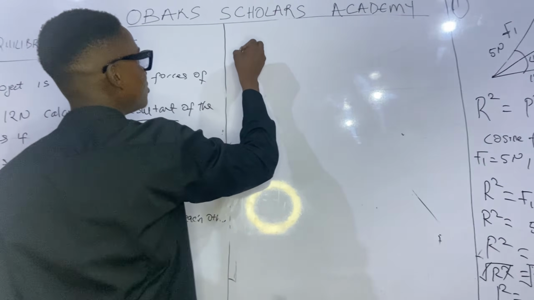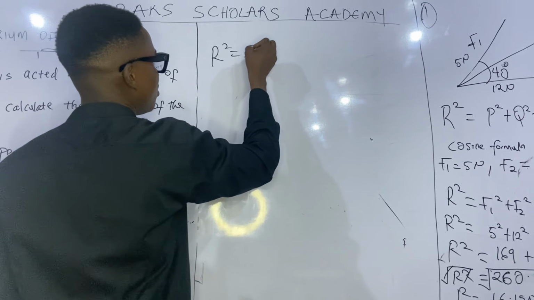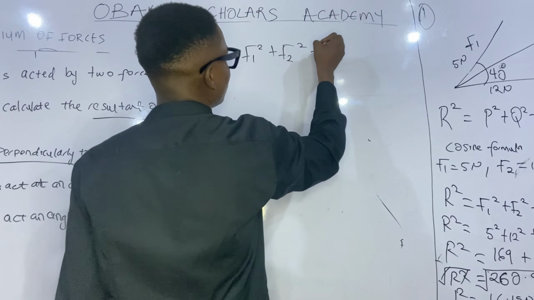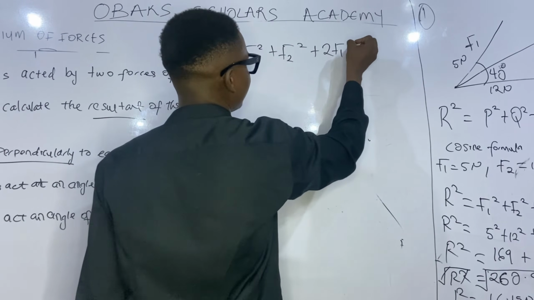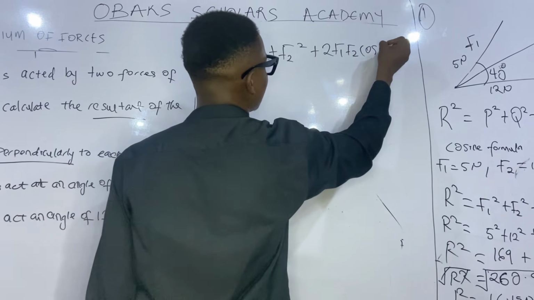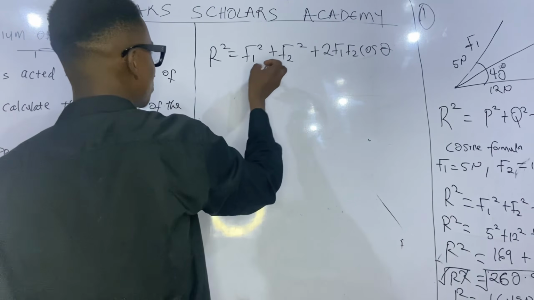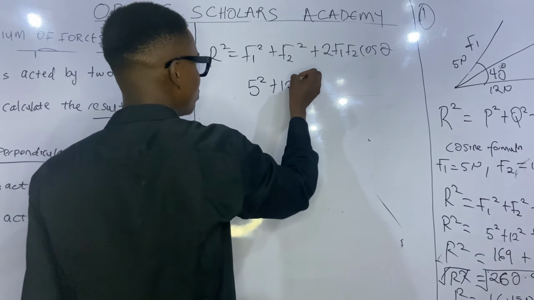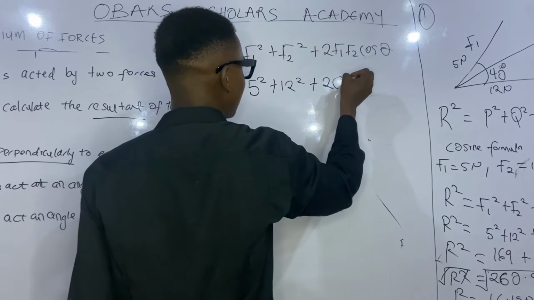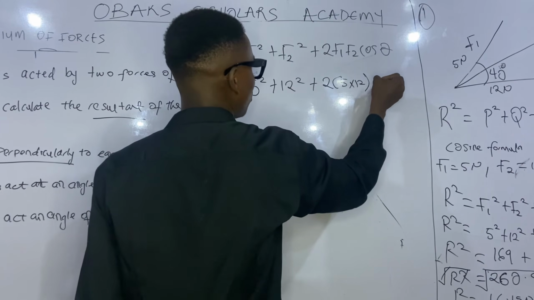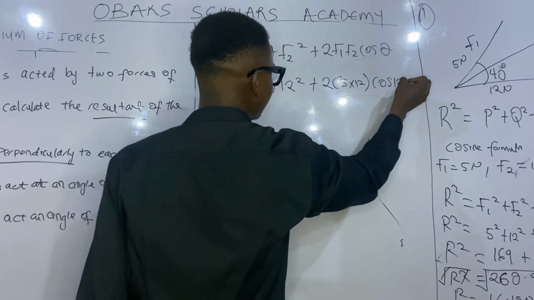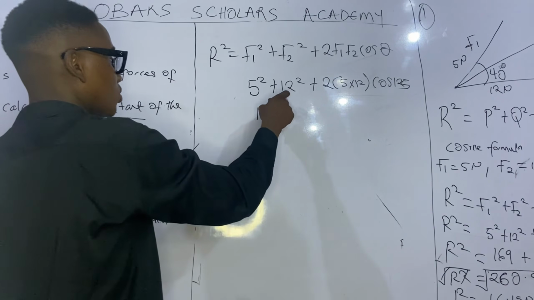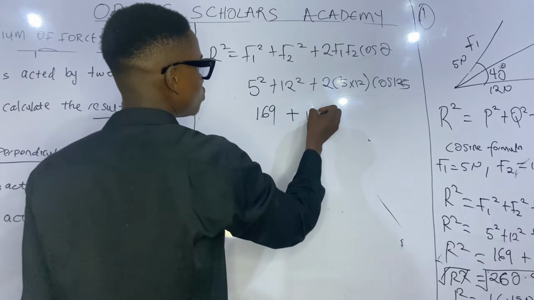So let's just do it straightforward. So that was R squared equal to F1 squared plus F2 squared plus 2 F1 F2 cos theta. So what changes is just the angle. So F1 is still 5. So 5 squared plus 12 squared plus 2 times 5 times 12 cos 125. So this is 169, that is 5 squared plus 12 squared, plus 120.